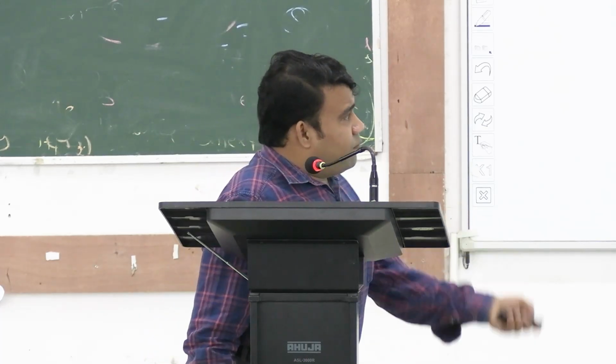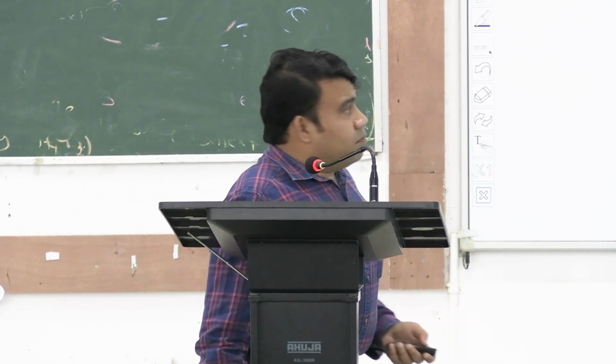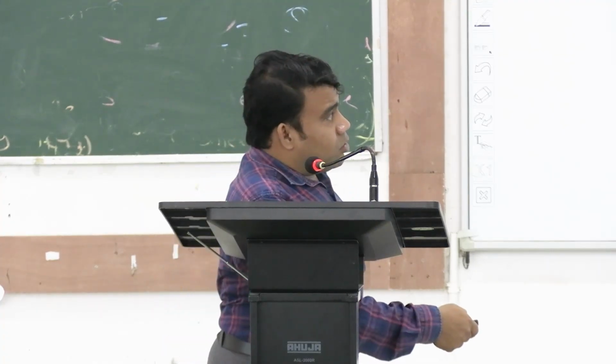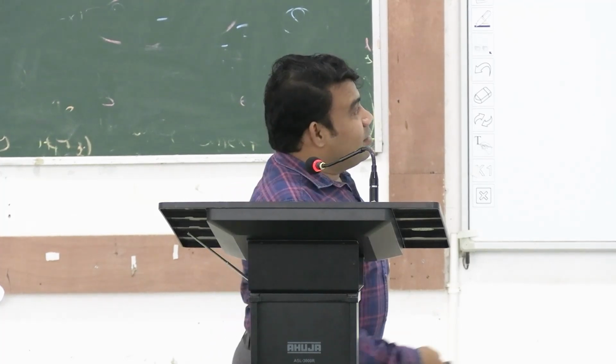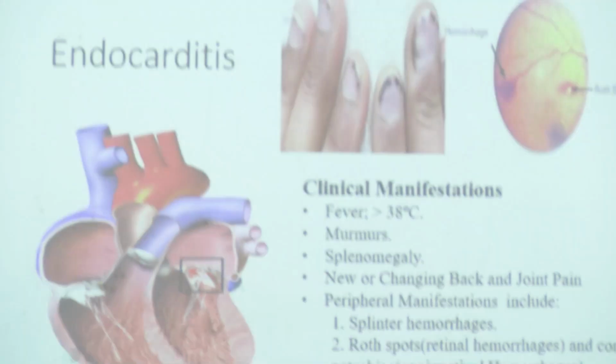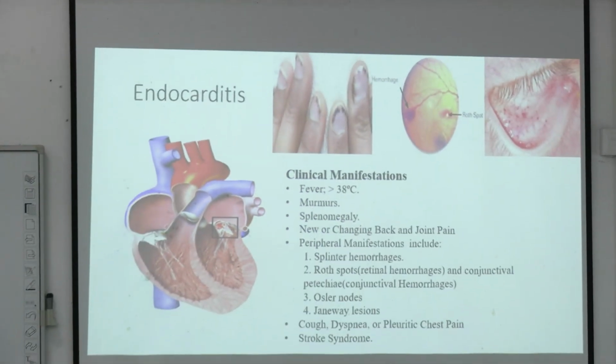A similar kind of hemorrhage may be seen in the retina. We call it the Roth spot, and along with that I think you can see a hemorrhage over here. The next type we can see is called conjunctival petechiae. Petechiae are also hemorrhages.